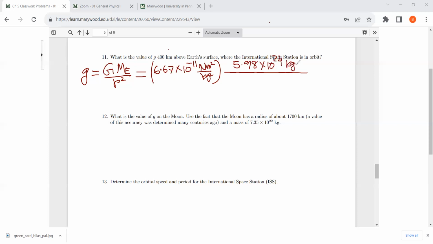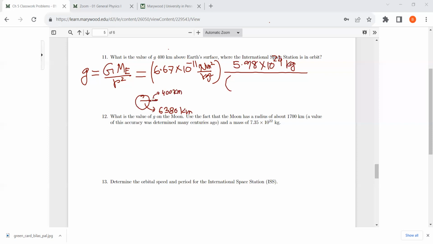And R, here we have to be careful. If you remember, the radius of the Earth is 6380 kilometer, and the International Space Station is another 400 kilometer.